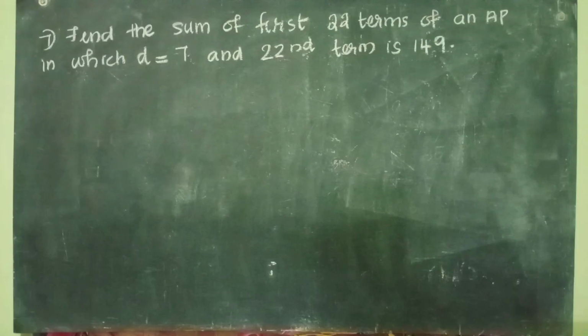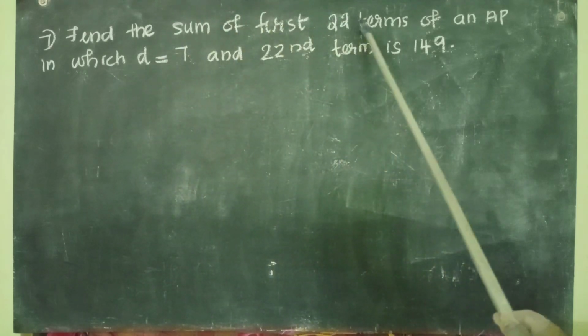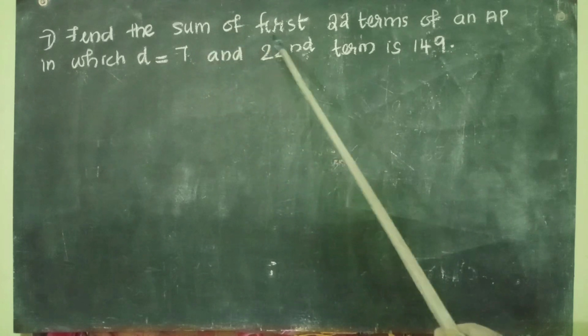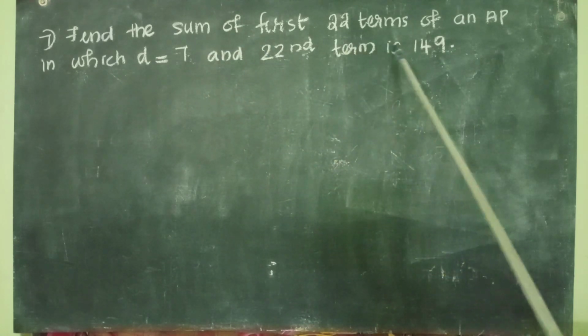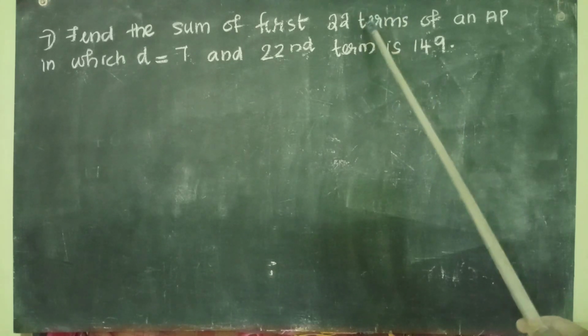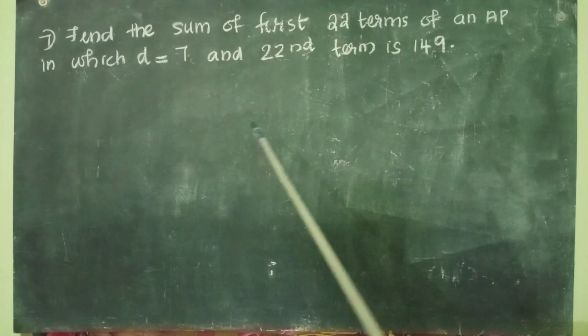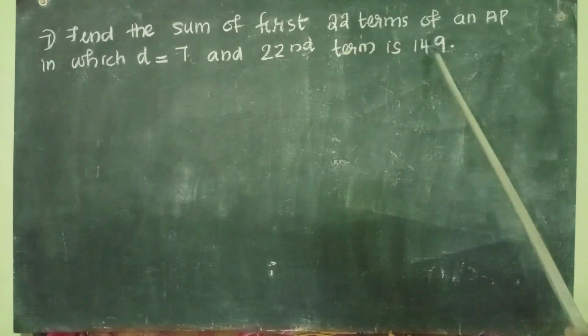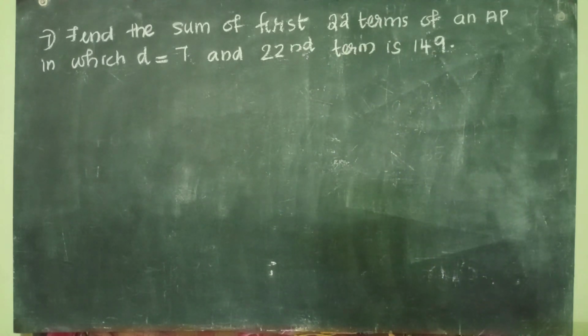Find the sum of first 22 terms of an AP in which d equal to 7 and 22nd term is 149. Here given n equal to 22, d equal to 7. 22nd term, that means a22 equal to 149.